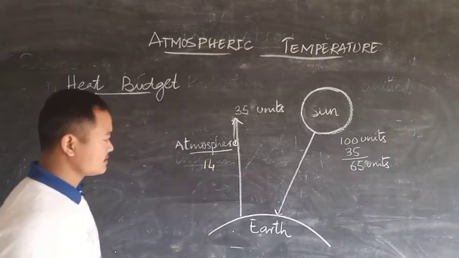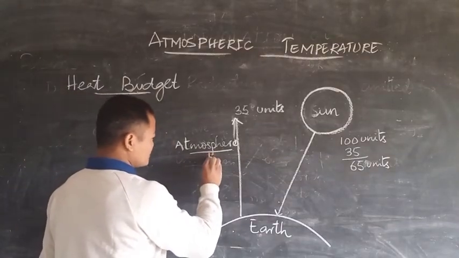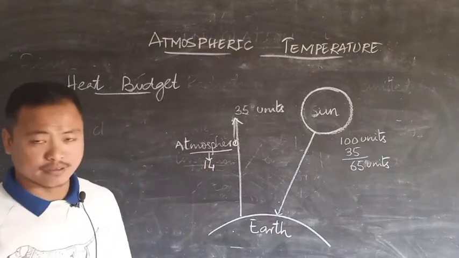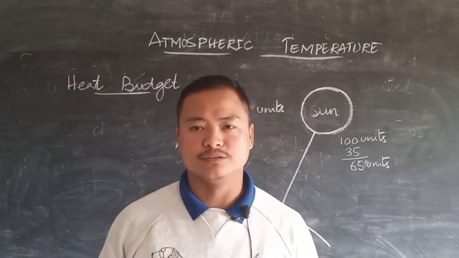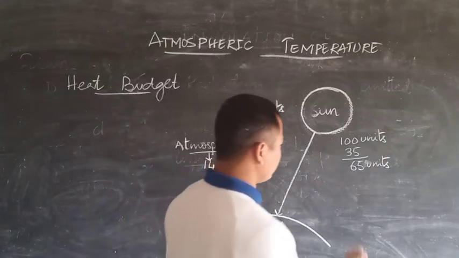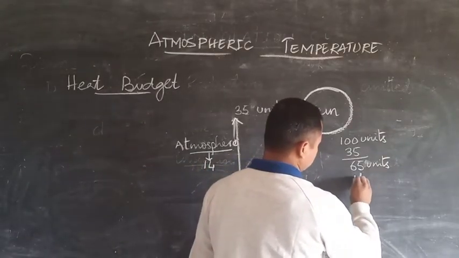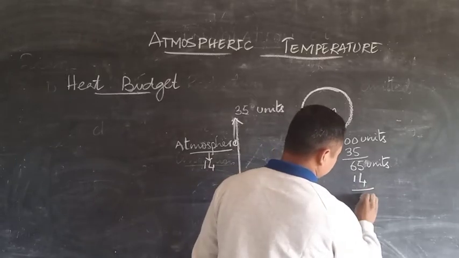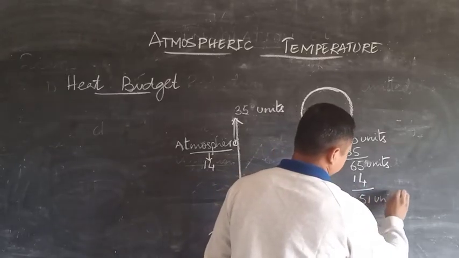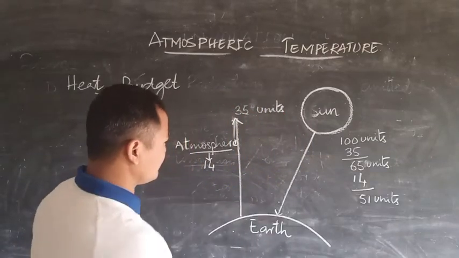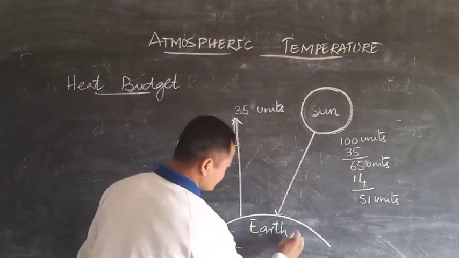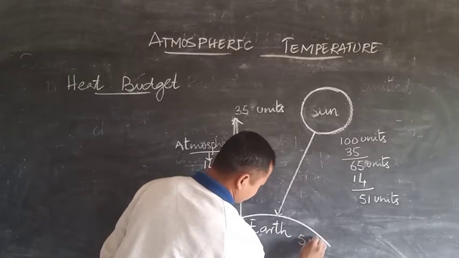These 14 units are absorbed by the earth's atmosphere, and this helps in heating the atmosphere. Now if 14 units are taken out from 65, then 51 units remain. So the actual heat reaching the earth's surface will be 51 units.